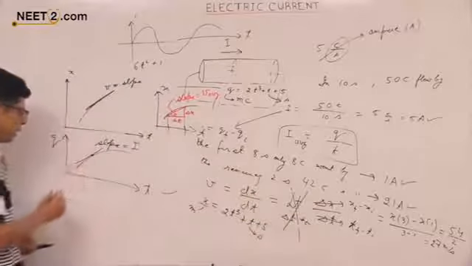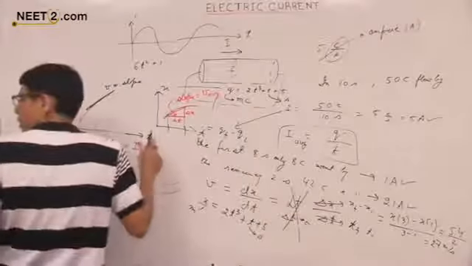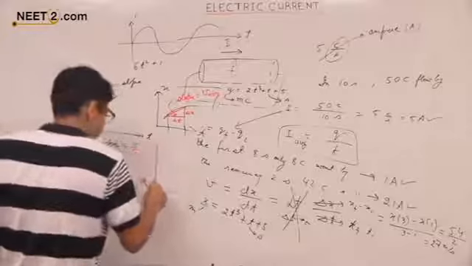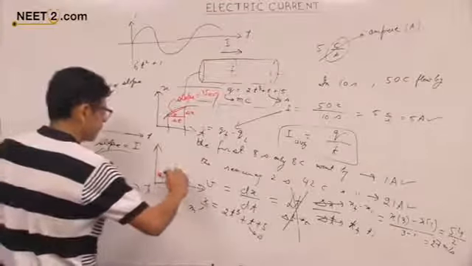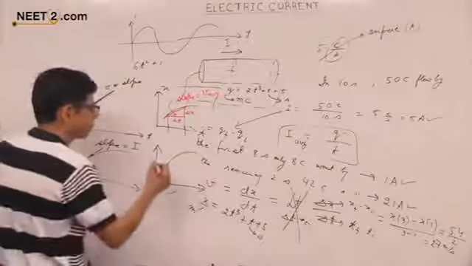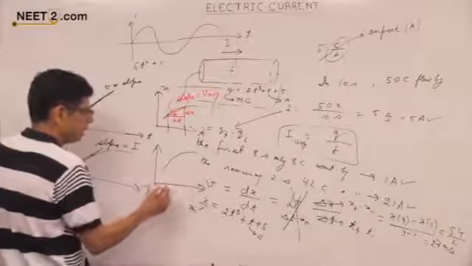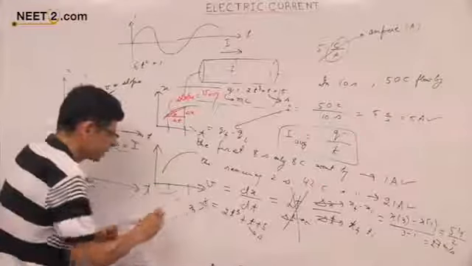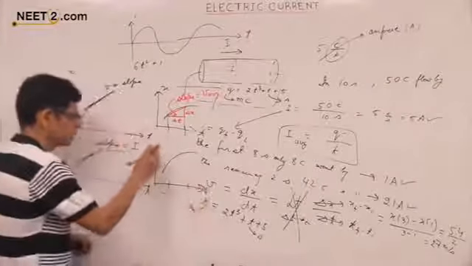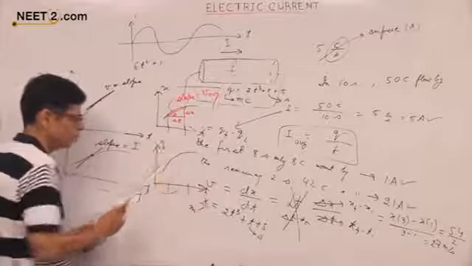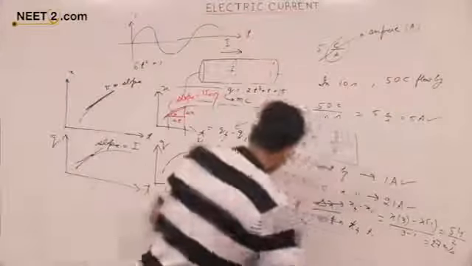And similarly, we can have the following. What is the average current between this point of time and this point of time? Here on the x-axis is t, on the y-axis is q. Okay, it seems there's a lot of clutter.